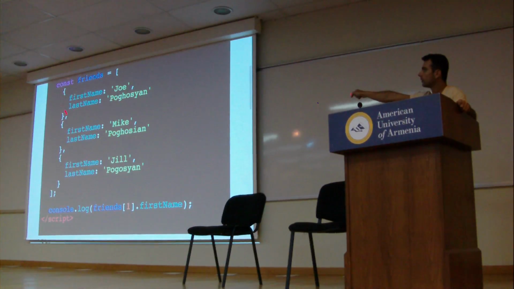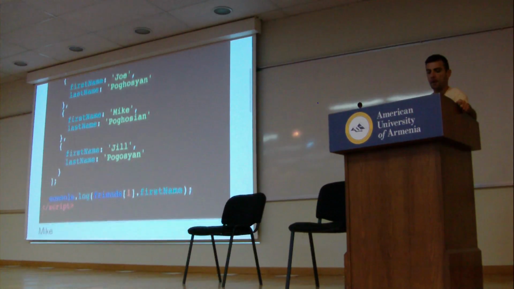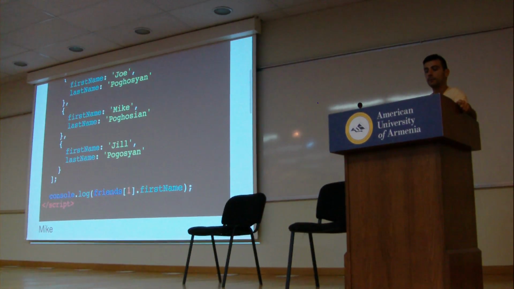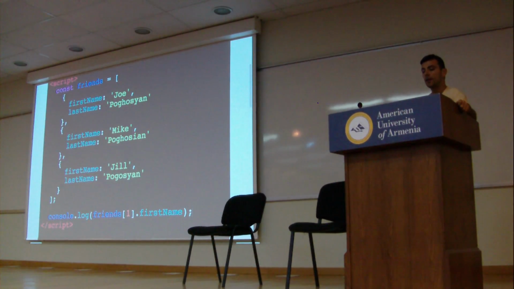This is 0. This is 1. So it's this. This whole thing is friends 1. So I get this object, and from that I get first name. So I get Mike. Okay, you ready?